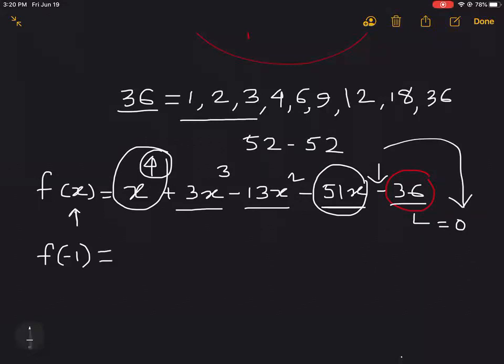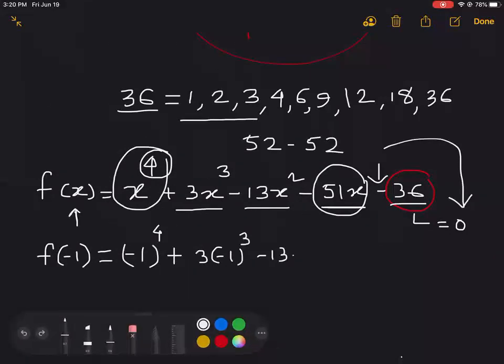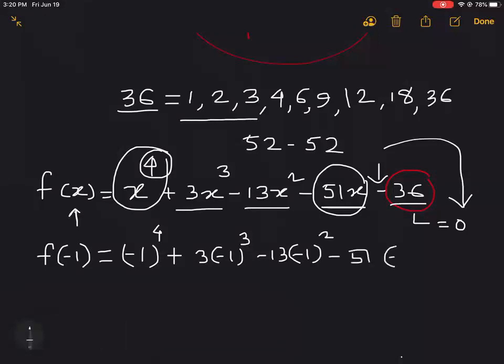So let's see. Okay, -1 to the 4, 3 times -1 cubed, minus 13 times -1 squared, 51 times -1, minus 36. It will be +1, it will be -3, as I said, it will be a -13, it will be +51, it will be -36.